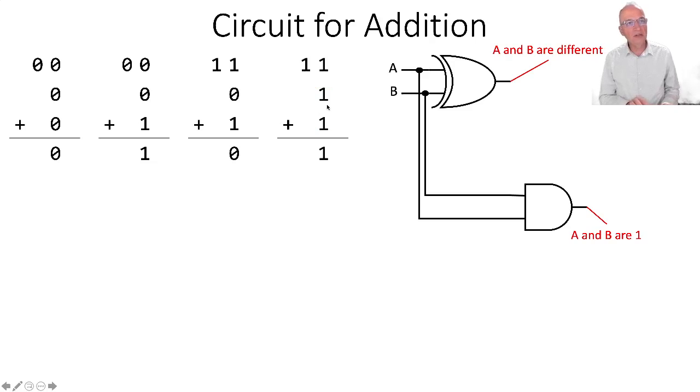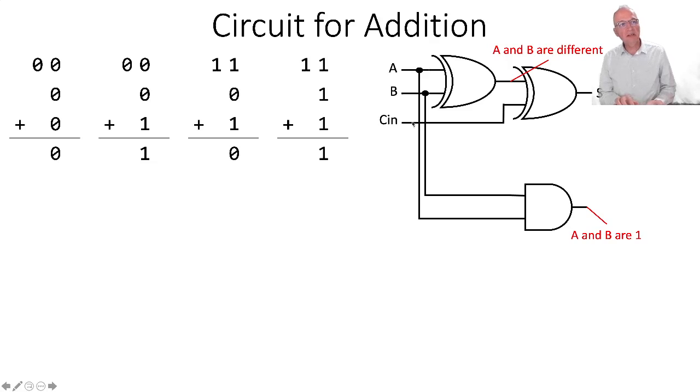I need to combine with the carry. So now I'm going to take the carry in, and I will do an XOR with this bit that I have here. Remember, the only positions where A and B were different were this position and this position. Now, with A and B being different here, 0 XOR 1 will make 1.